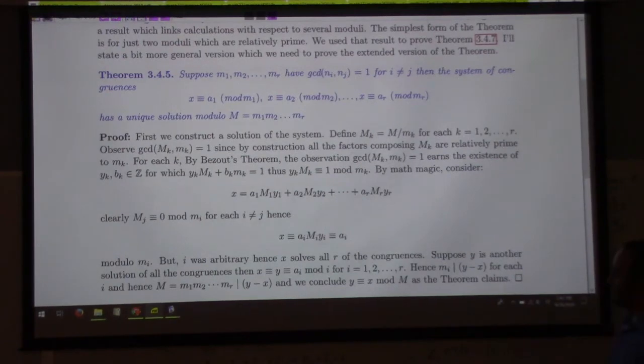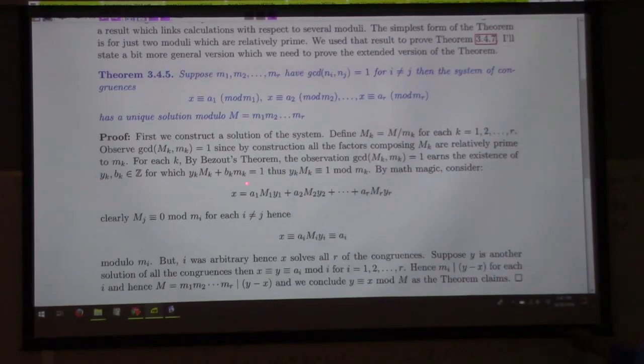And the proof, it's really very nice, not that hard. You just define M sub k to be the product divided by m sub k. If you look at that, it's got every one of the moduli except for m sub k. Which means that M sub k is 0 mod anything in the list m1 through mr except the kth one.